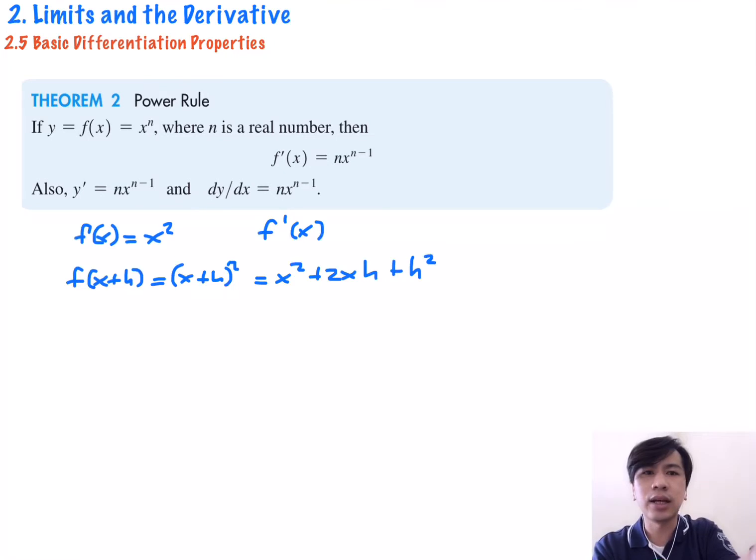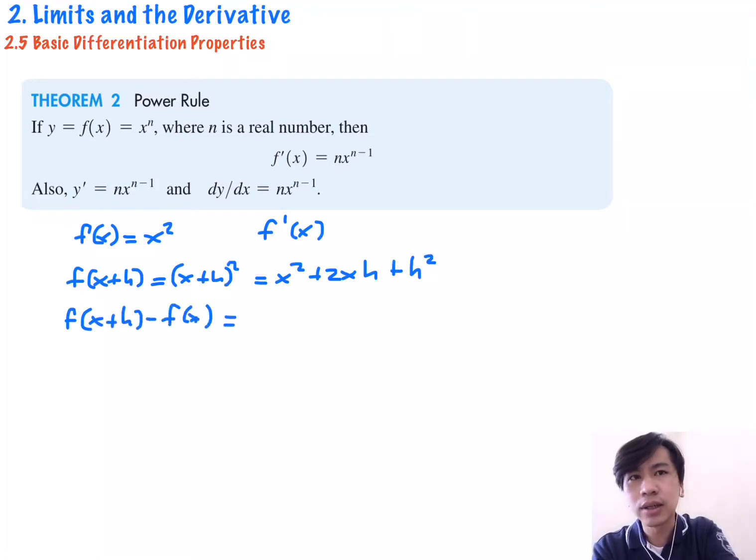If we subtract f of x, we subtract x squared, and we get 2xh plus h squared.